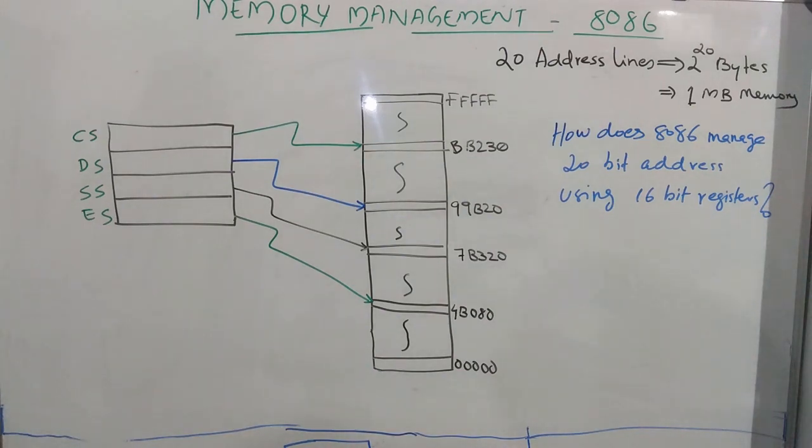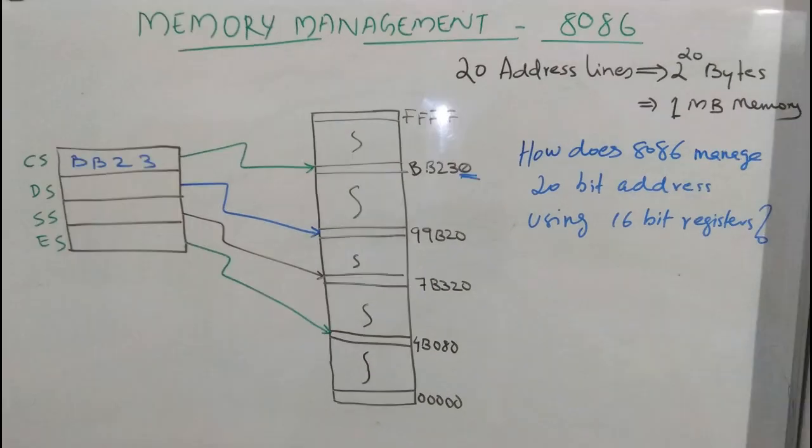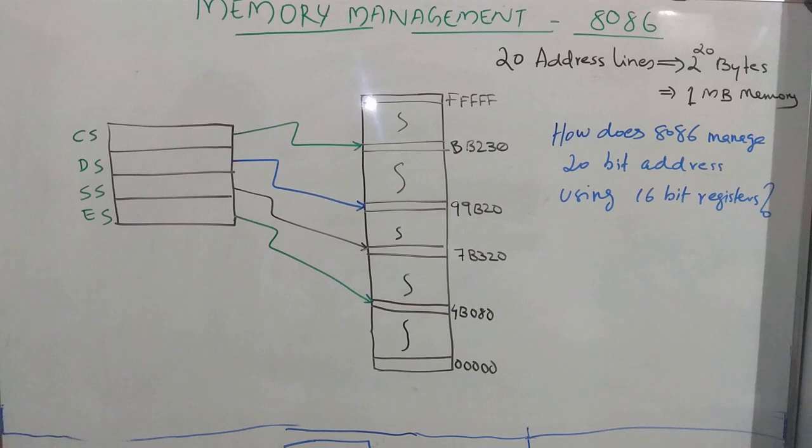The next question: how does 8086 manage 20-bit addresses using 16-bit registers? See, 8086 is a 16-bit processor because its registers are of 16 bits. It is impossible to store a 20-bit address in a 16-bit register.